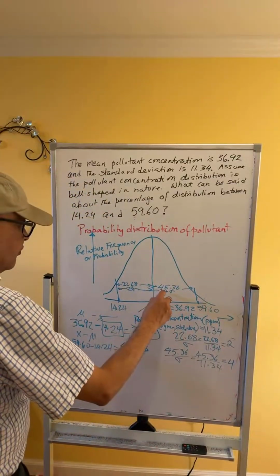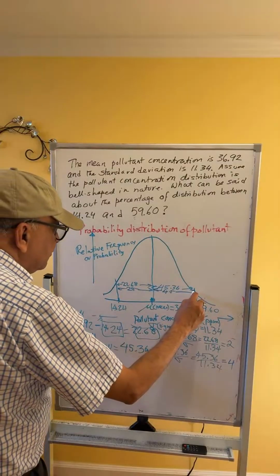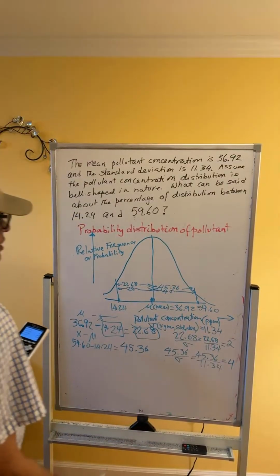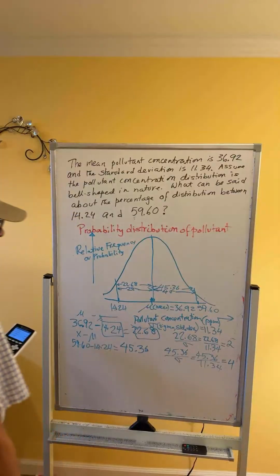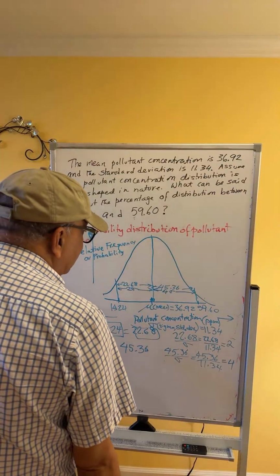So one point is located 2 standard deviations away from the mean, and another is located 4 standard deviations away from the mean.